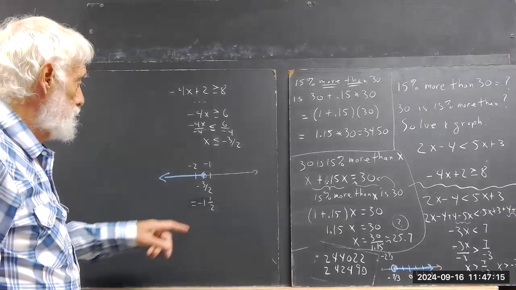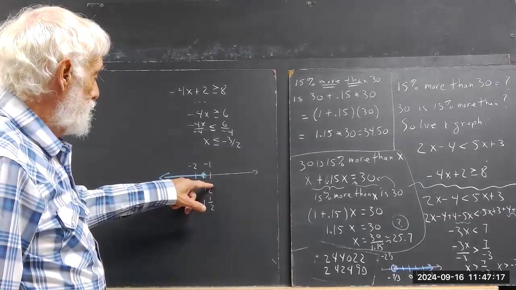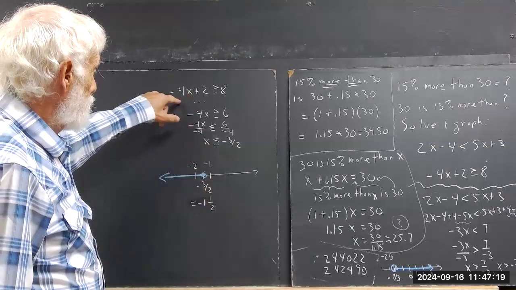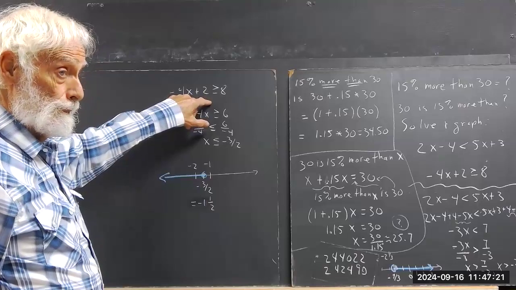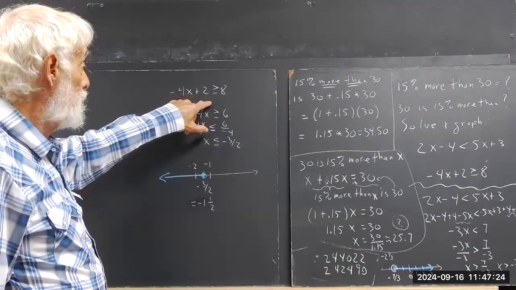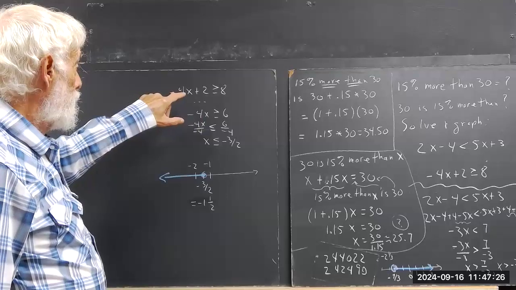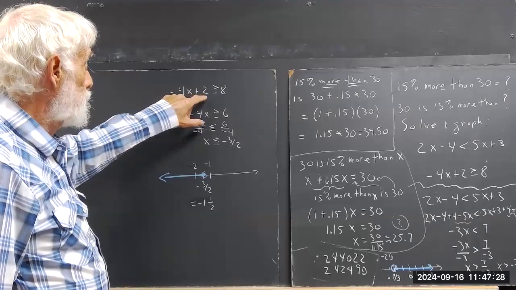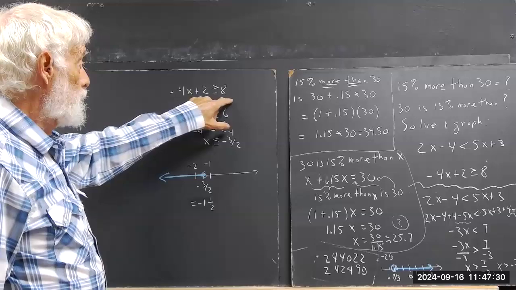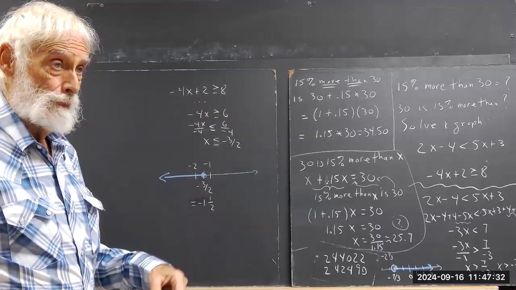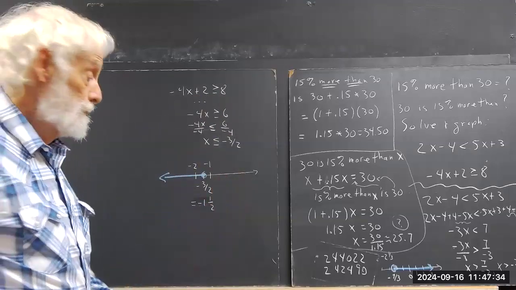Now, if we take -1 and plug it in to the original inequality, what do we get? We get 4 plus 2, which is 6, is greater than or equal to 8. And 6 isn't greater than or equal to 8.